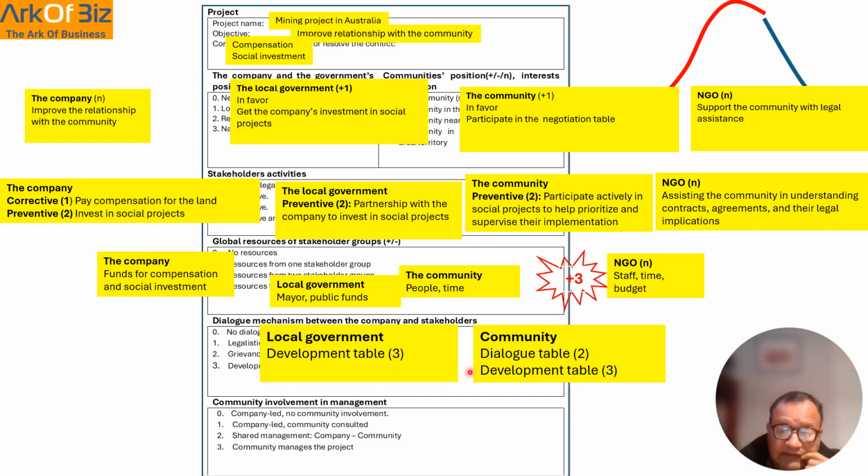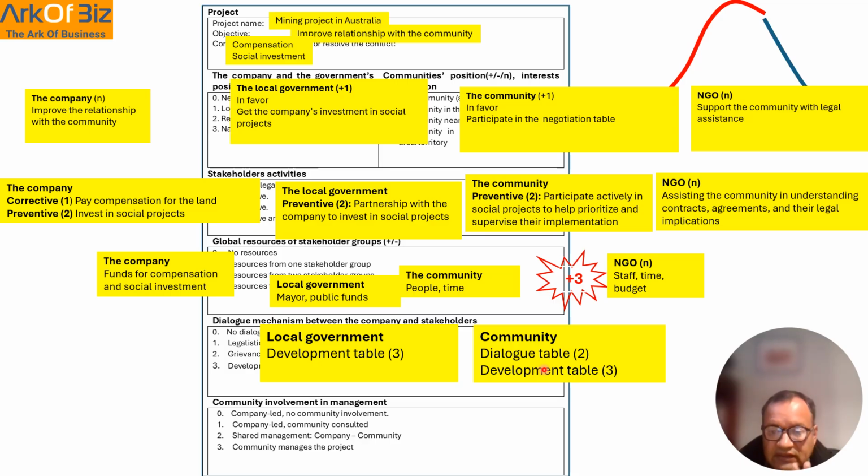In this case, the company has to dialogue with the community in 2 tables. First, in the dialogue table because they need to solve the land issue. They had to compensate the land issue first. After that, they go to talk about development.